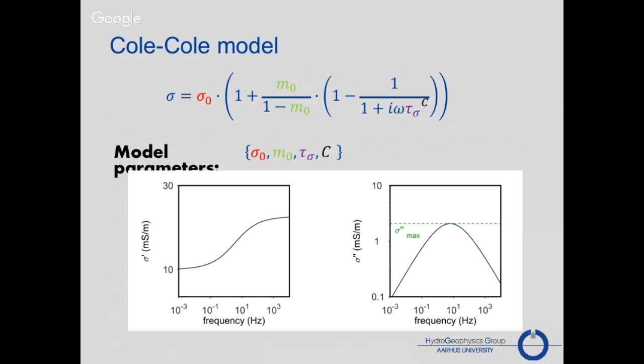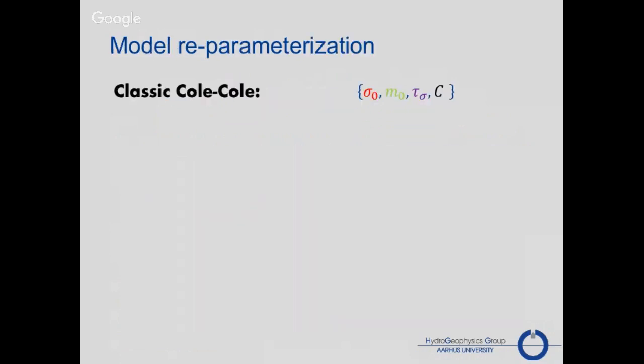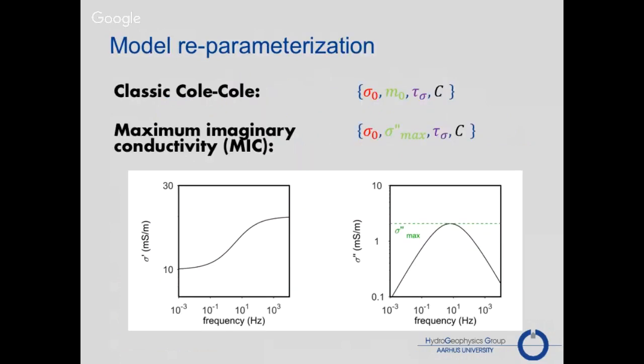So what we look at is the maximum imaginary conductivity in the imaginary part of the spectrum, and then we use as second parameter, instead of M0, sigma second max. This is different from the MPA, and the difference is that you can put here the maximum imaginary conductivity, the maximum phase shift, or the minimum imaginary resistivity. Any of them works well, where the idea is to look for the maximum instead of looking for M0.